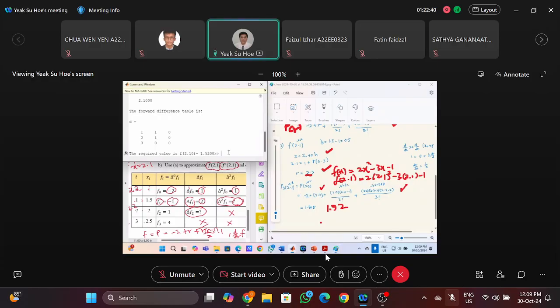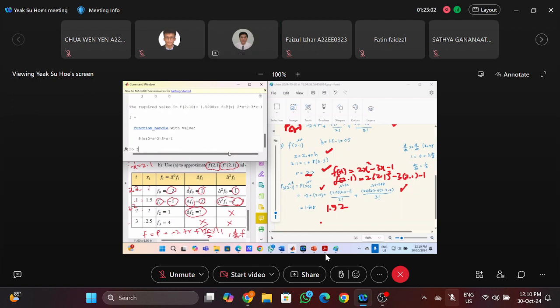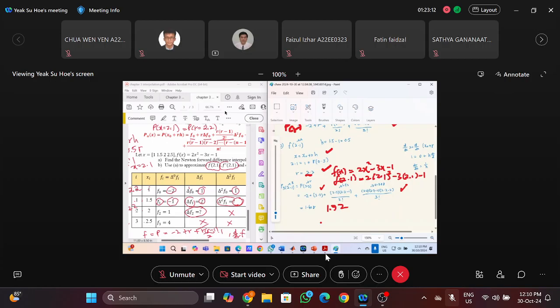It means my f is 2 times x power 2 minus 3 times x minus 1. So my function at 2.1 is 1.52. Yours is wrong, so something is a mistake here.